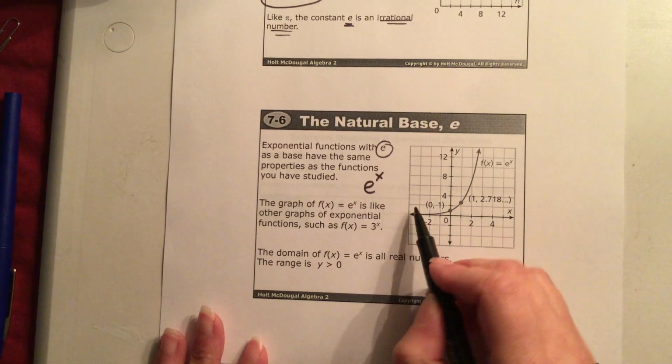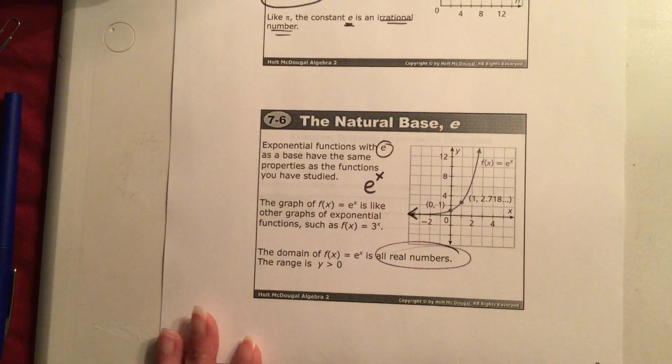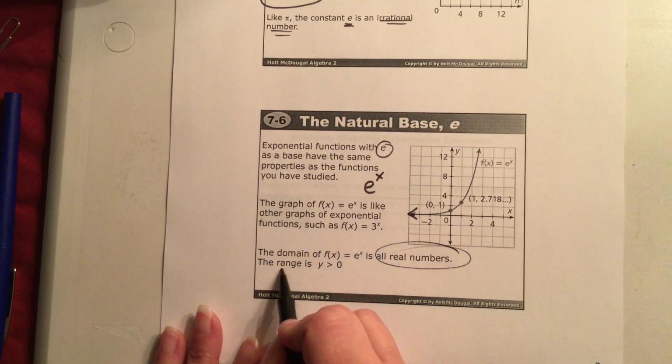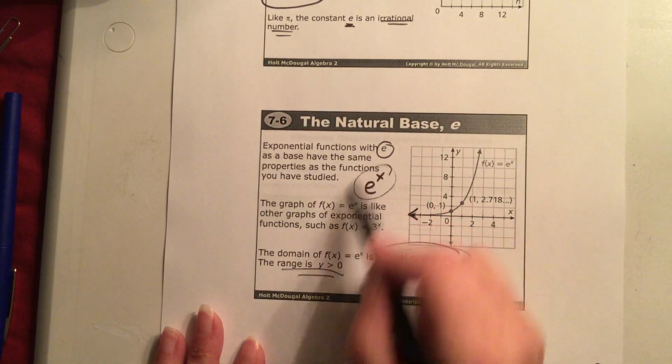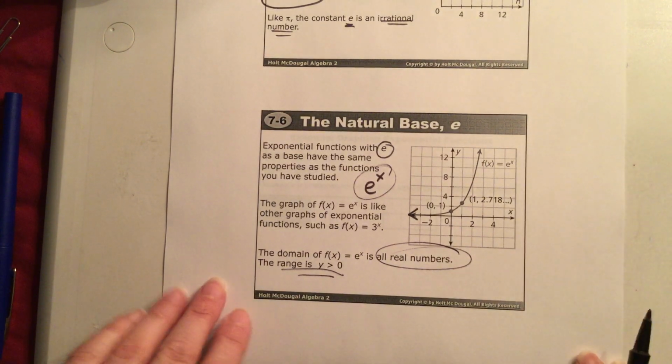The domain, if you notice, goes all the way to the left, covers 0, and goes all the way to the right. So your domain, the possible x values, is all real numbers. Your range for the parent function is y greater than 0 because it stays up above the x-axis.